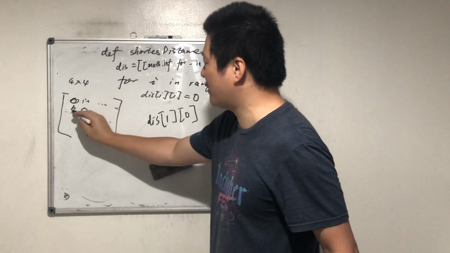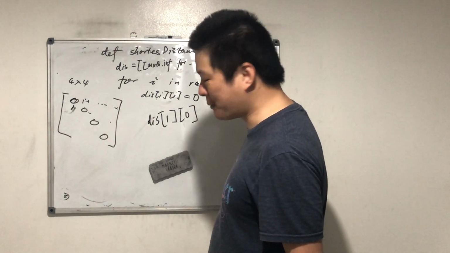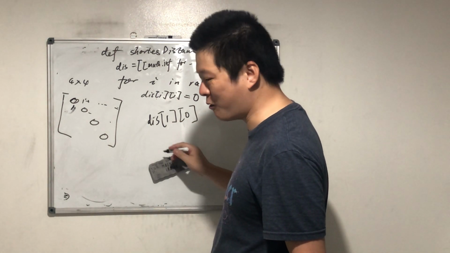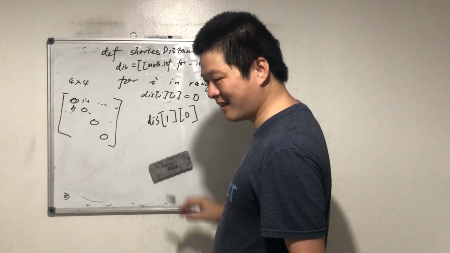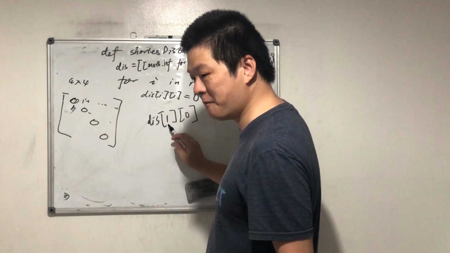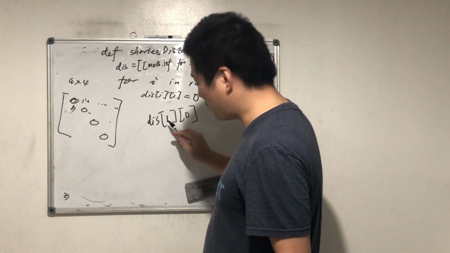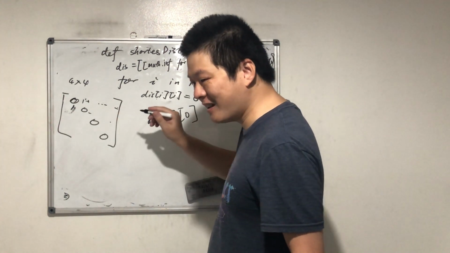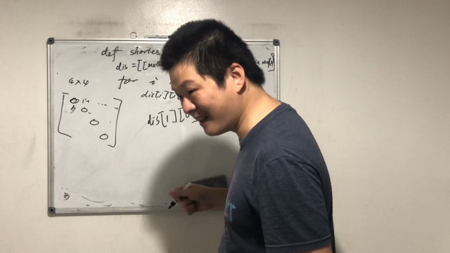So what does this value mean? The distance between which two nodes is 1? The distance between 1 and 0 is 1, right? Got it? Do you understand now? Yeah? This is what I mean.